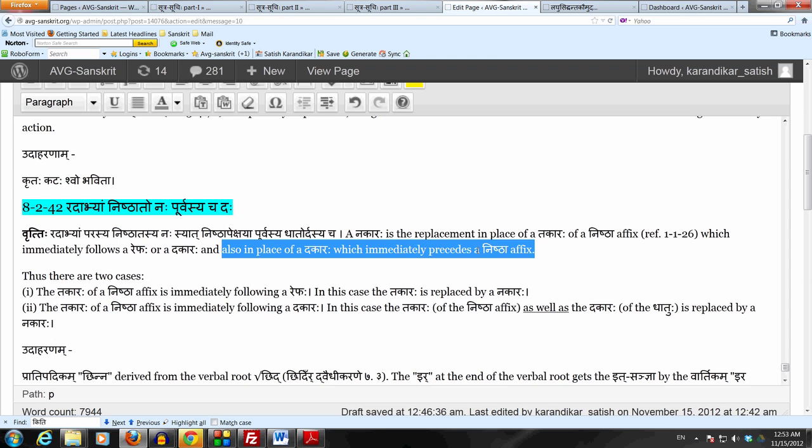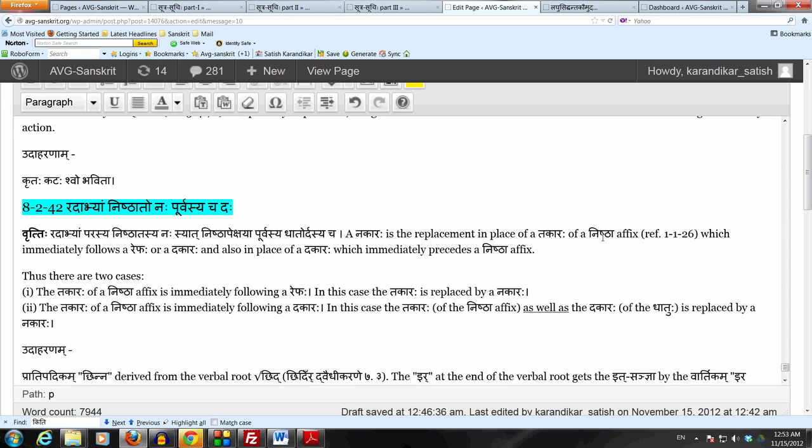And all this only happens if there is a repha or a dakaraha immediately preceding the takaraha of the nishtha pratyaya. Thus, the vritti of this sutram says, radabhyam parasya nishthatasya nasyat nishthapekshaya purvasya dhatordasya cha.